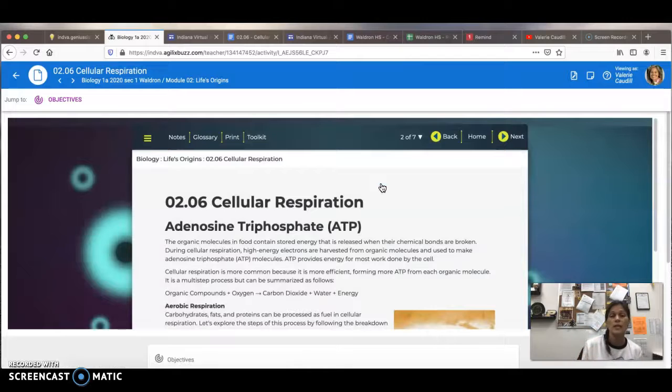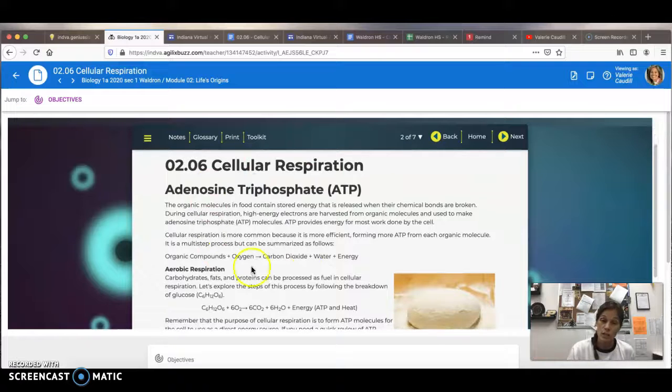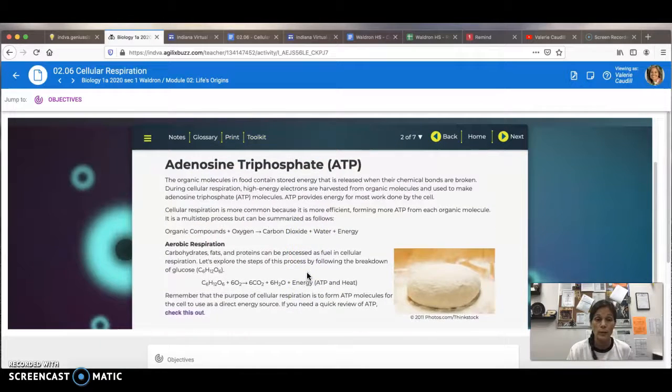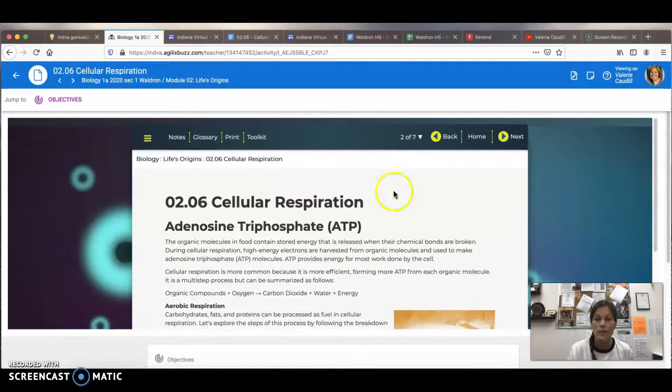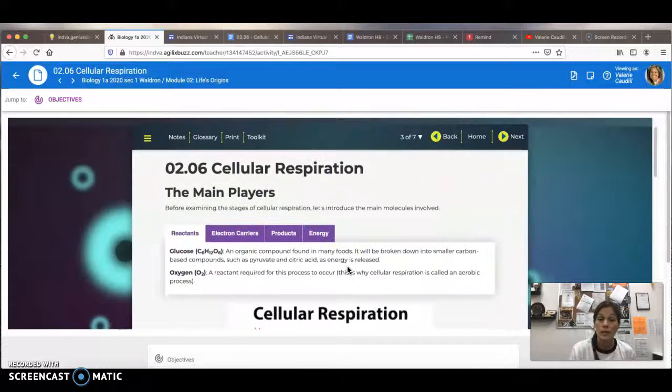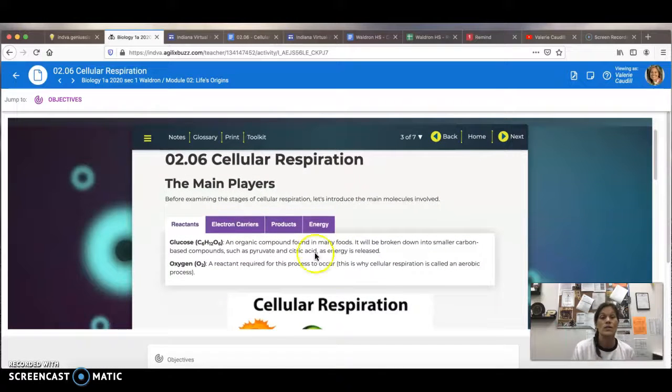And you'll also notice that the slides are broken down the way the notes page is broken down. So there's a section on adenosine triphosphate, so you'll be able to document some information here. Don't forget to check out this link and see what kind of information you can obtain from that. Okay, when you're ready, you'll go on to slide 3. And then we get into some of the main players of cellular respiration.